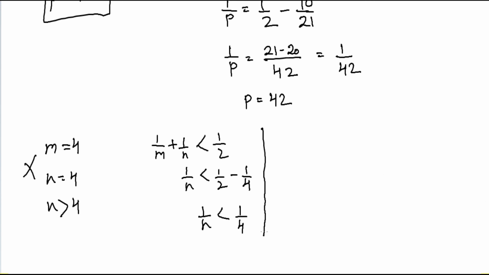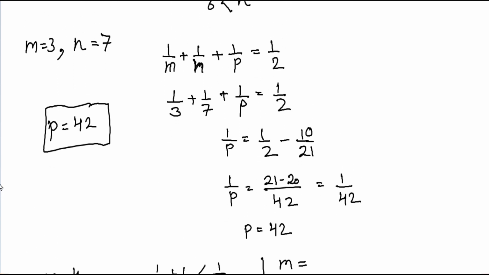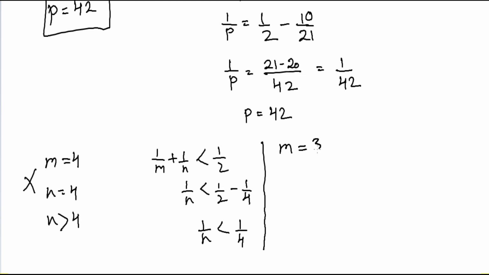Now if we take m any further or n any further, like what happened to it? Like if I take m equals to let's say 3 and n equals to little more than 7, like 8, what happened? Then 1 by 3 plus 1 by 8 plus 1 by p from this original equation equals to 1 by 2. Then what happened to the p?